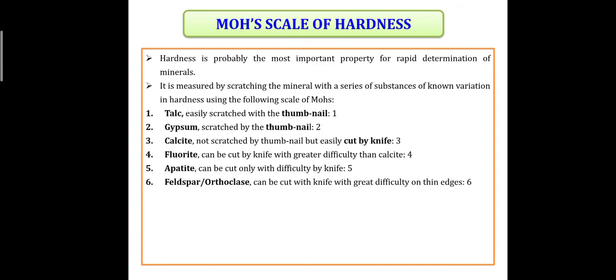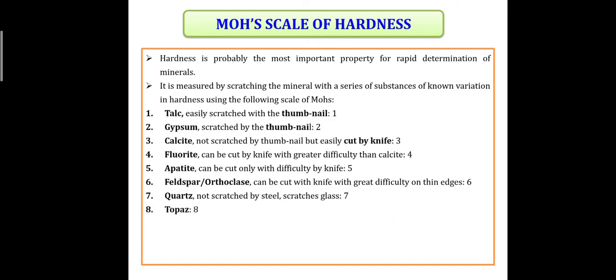Next is feldspar, orthoclase. They are the hardest minerals present in the stone granite. Feldspar and quartz are richly present in granite. Feldspar gives pink shades to the granite, and quartz gives glassy, white, sparkling shades to the granite.